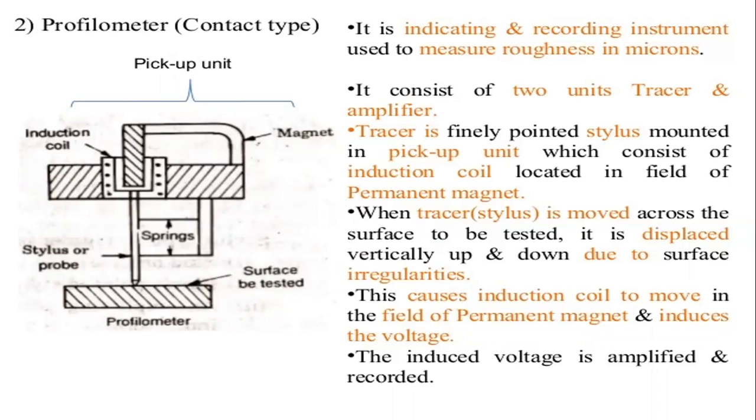So this contact-type profilometer is used to indicate and record, and it is used to measure roughness in microns. Whenever we see it in the micron size, we are going to measure the roughness.